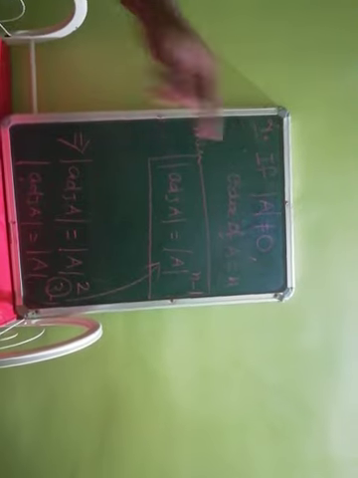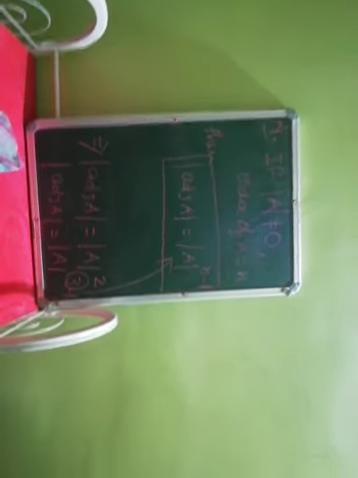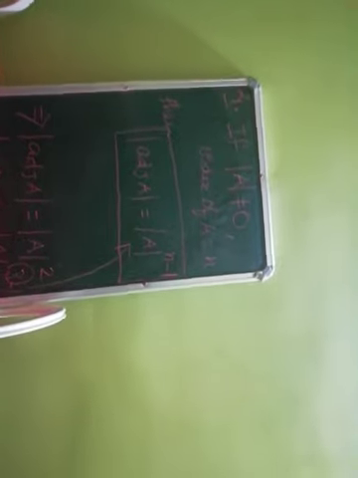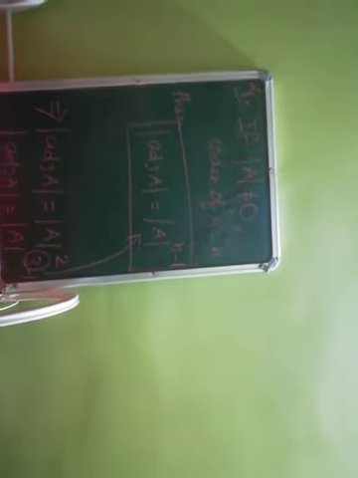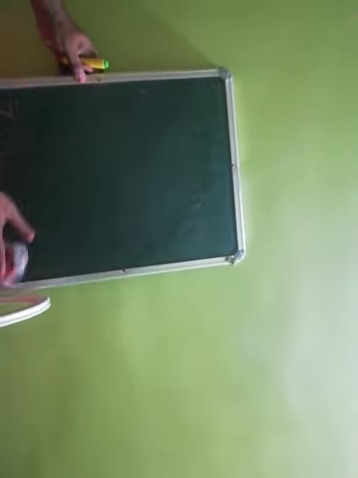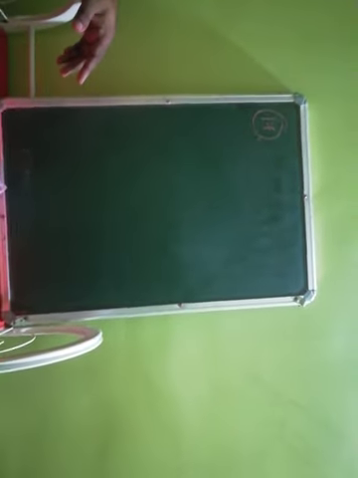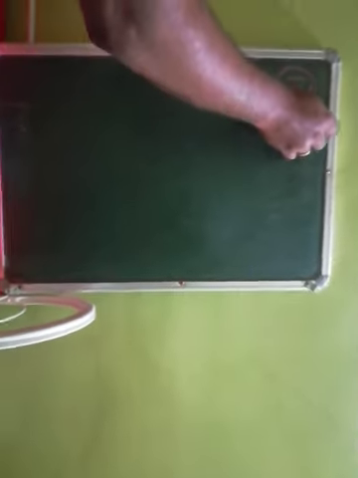Now let me see one problem based on this, which is in your textbook. That is question number 17 of exercise 4.5. This is a 1 mark question. This is frequently occurring.